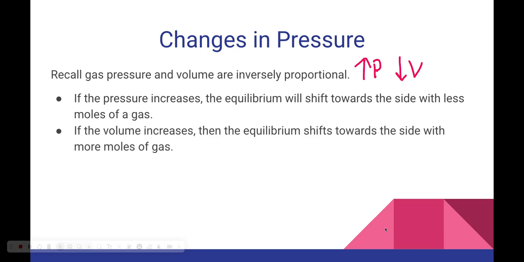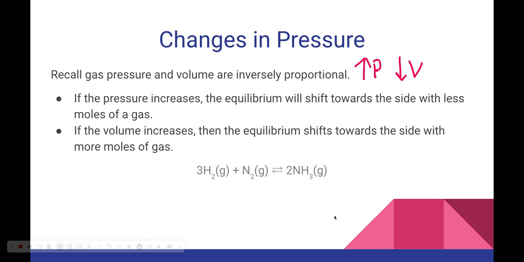Now, if I increase my volume, and remember what that means, if I'm increasing volume, I'm decreasing gas pressure, right? So to counter that, if I increase my volume, aka I decrease my pressure, then the equilibrium is going to shift to the side with, in this case, more moles of the gas.